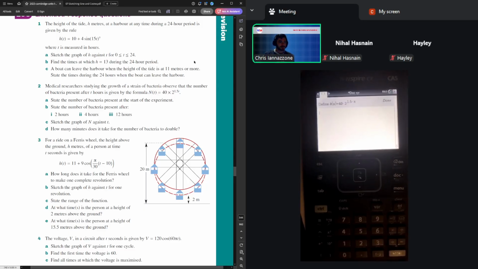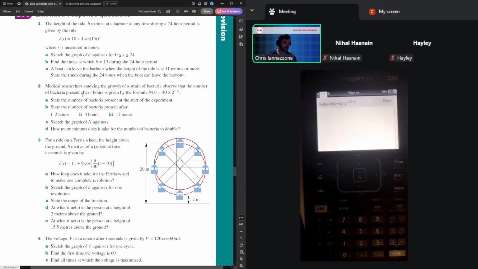Number of bacteria present at the start of the experiment. This is a function which has number of bacteria on the y-axis and time on the x-axis. So if I want to know the number of bacteria, I want a y value. And if it's at the start of the experiment, that's going to be t equals 0.